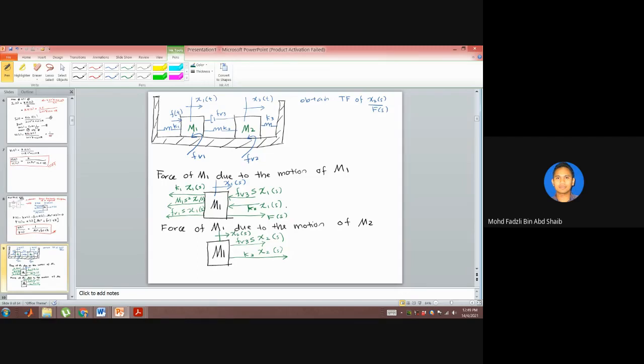Now, all the forces, we need to add up, okay? We need to add up the force of M1 due to the motion of M1, and the force of M1 due to the motion of M2. We need to add everything up, okay?